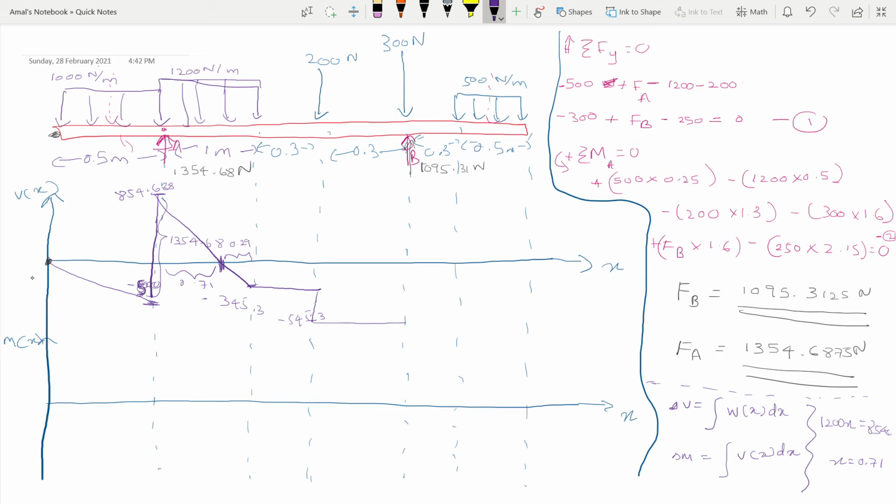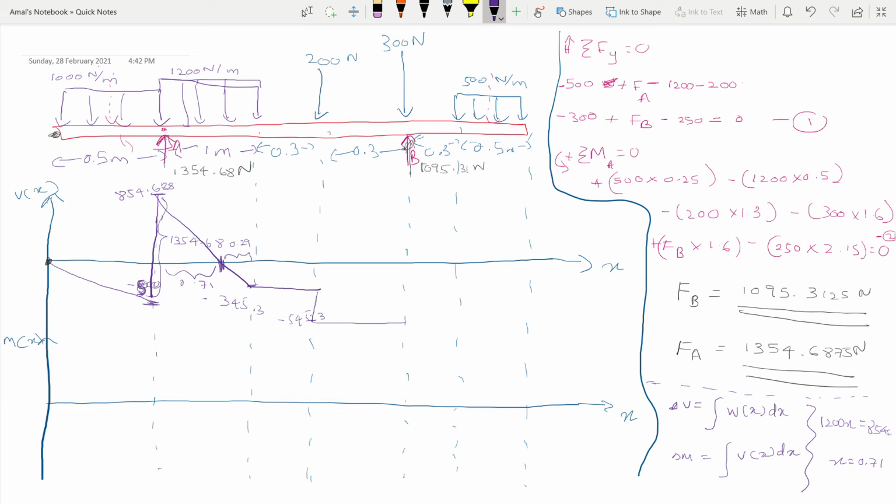And now here we have an upward force of 1095.31 and a downward force of 300, so the net force is 1095.31 minus 300, so we go up 795.